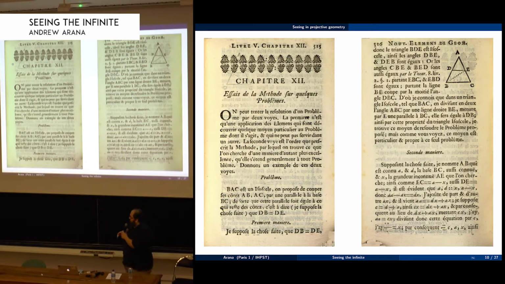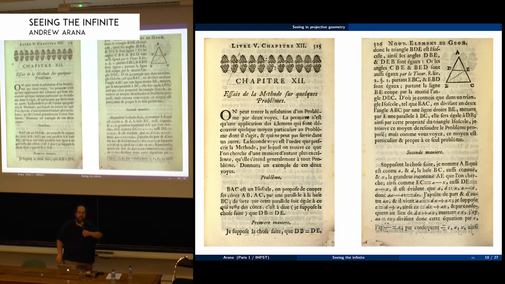And this is just an example of a textbook from the early 18th century, in which you see that the presentation is given first in a synthetic way, in which there is a figure, and then next there is a proof that is done by equations, so an algebraic proof. And the style at the time was to do one and then the other. That's to say that both proofs were supposed to be given, both solutions were supposed to be given in order to solve the problem in the most effective way.